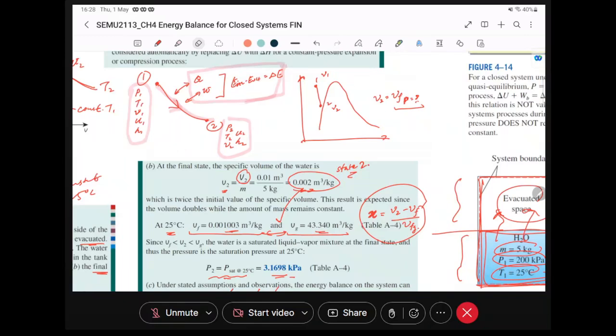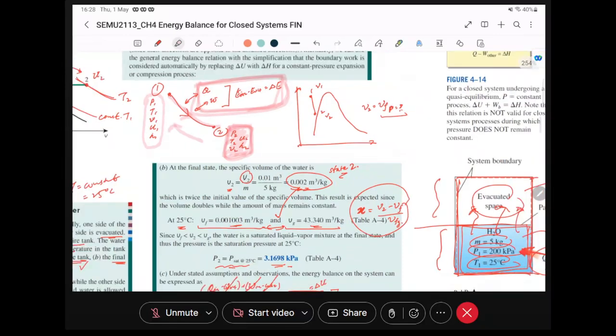It's always about finding the property at a new state, or from there, to find the property of a new state using the known energy changes in the process, or the other way around, from the known state number 2, go back and find how much is the energy involved in the process. It can be the other way around as well, no problem. But it's always like this, the interrelationship between them.